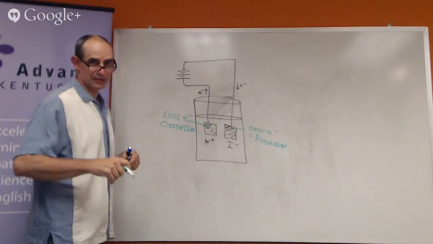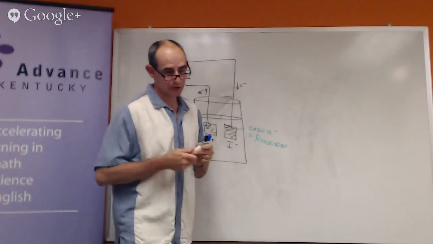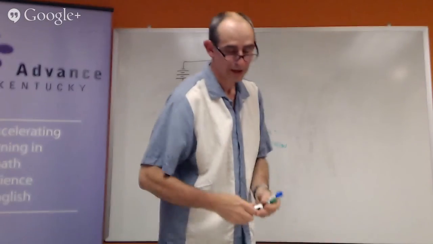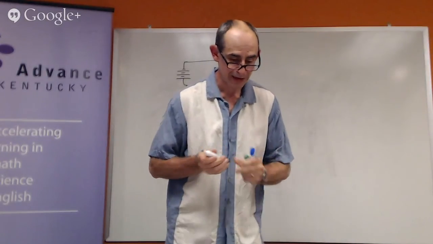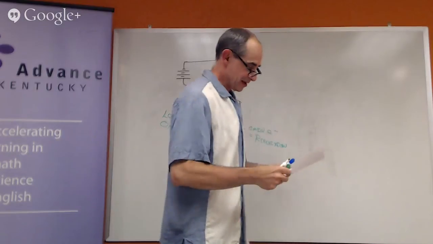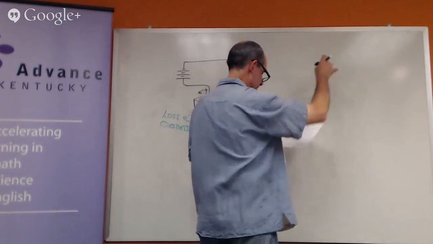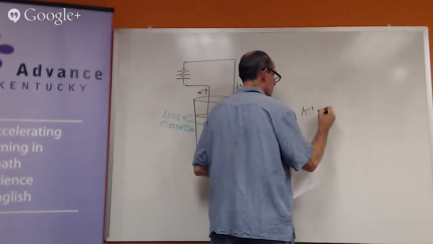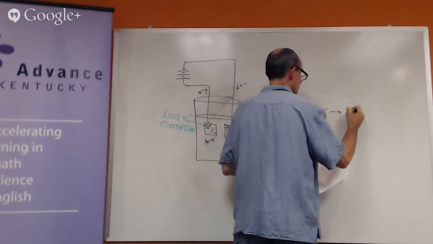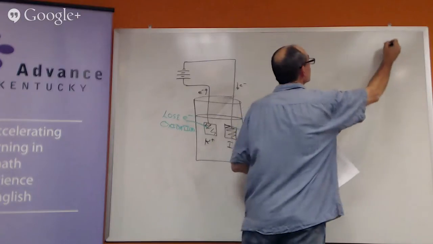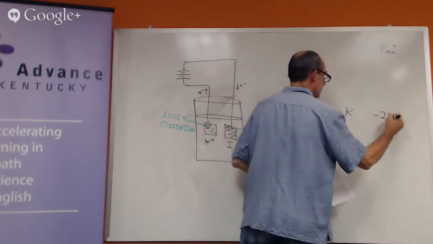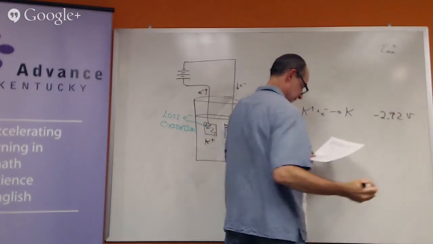And you might have seen on the problem that you were given the table of reduction half reactions, and always remember to use the information that's given to you. So I'm going to reproduce that over here. At the bottom we had K+ + e- goes to K, with a standard reduction potential of negative 2.92 volts.